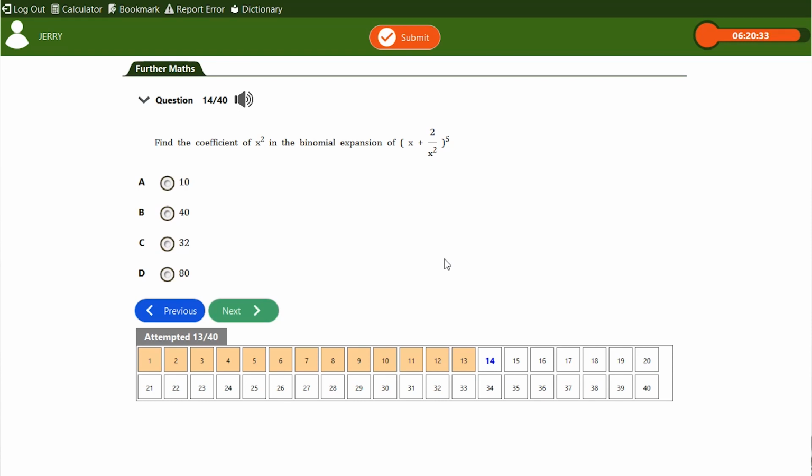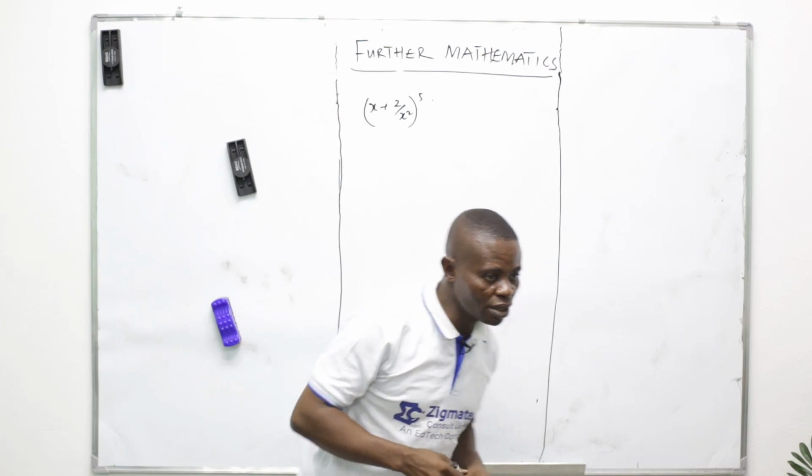Find the coefficient of x squared in the binomial expansion of x plus 2 all over x squared, all raised to the power 5. Good. I will have x plus 2 over x squared to the power 5. The coefficient of x squared in this. Okay.